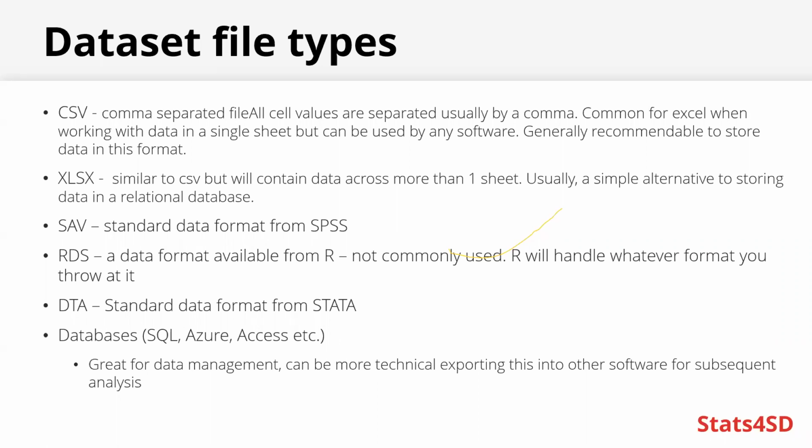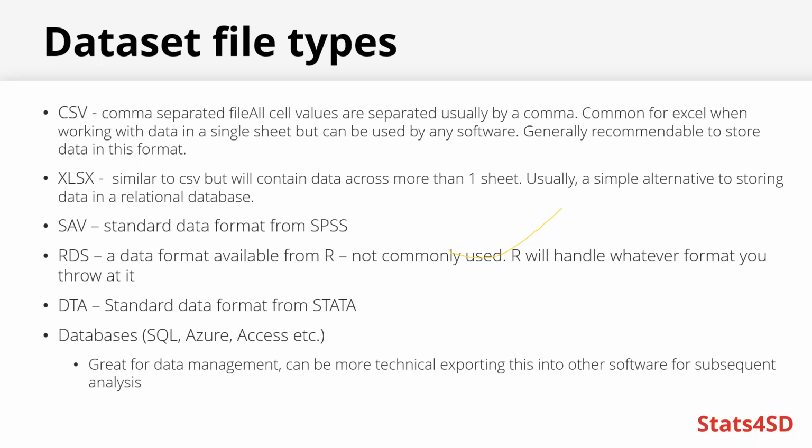There's just the single spreadsheet, so you only have one table of data. Essentially, that's all you need. Any software can use this. Nowhere will ever have a problem with CSVs. It's quite robust. So if you are dealing with single data sets, this is probably the recommendable way to store that data.